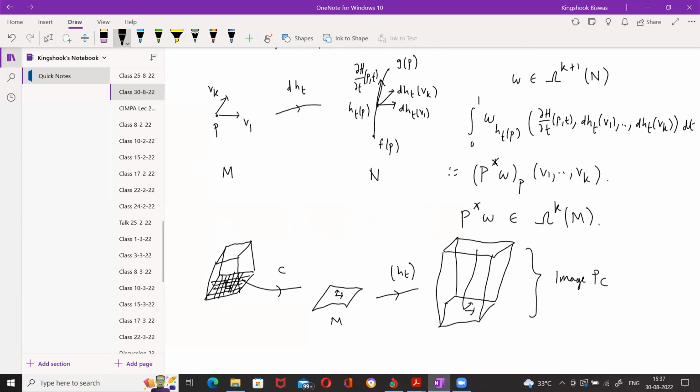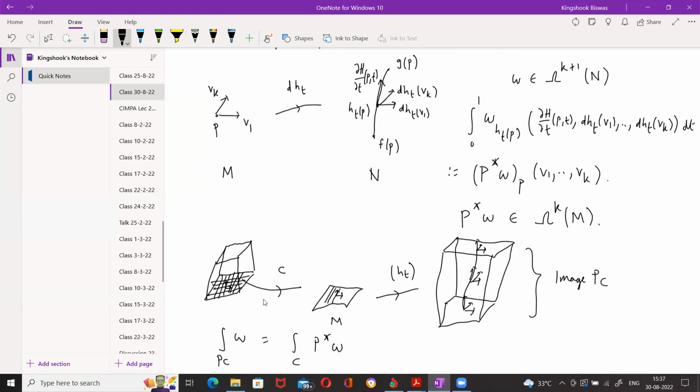So I'll get vectors along here, and I'll get the tangent vector here. You see? And so the integral of omega over PC turns out to be the same as the integral over C of P star omega. Does this make sense? Yes.